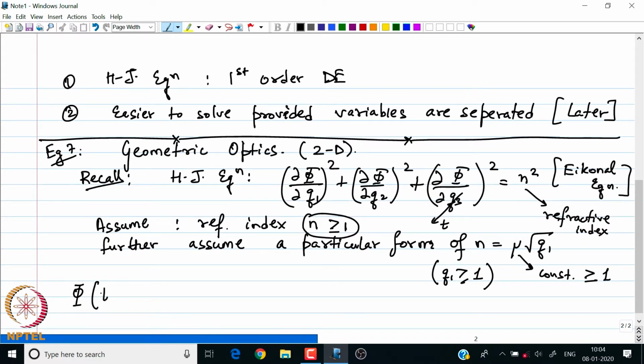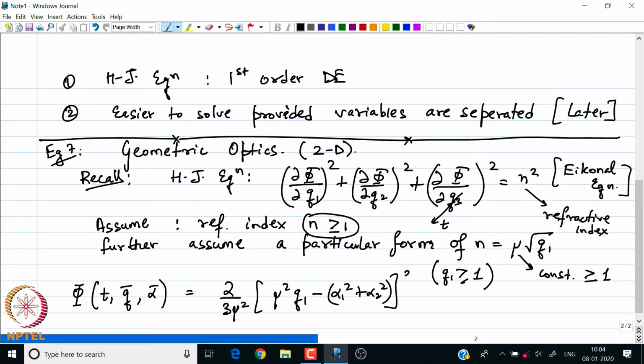The solution is phi of t comma q bar comma alpha is 2 by 3 mu squared times (2 mu squared q1 minus alpha 1 squared plus alpha 2 squared) to the power 3 by 2 plus q2 alpha 1 plus alpha 2 t.